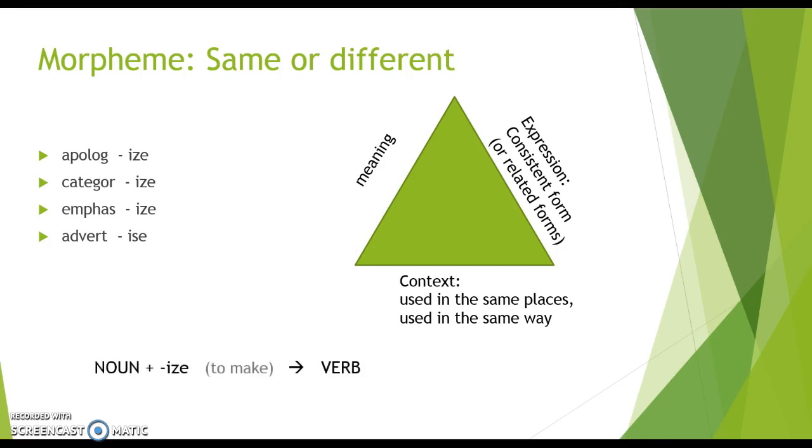So what we could say is that this is the same morpheme, and how it derives other words is that if you have a noun and you add the suffix -ize, which has a consistent meaning of something to do with to make, the resulting word is a verb.